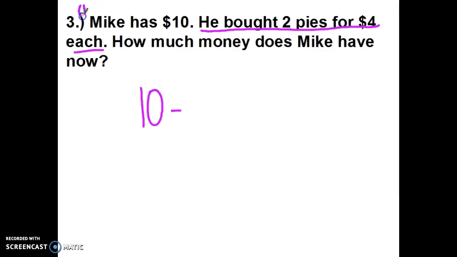So this is the first part right here. Mike has $10. I need to start with that part. And he bought 2 pies for $4 each. Well, 2 pies for $4 each. That sounds a lot like 2 times 4, doesn't it? Okay. And that's going to equal a certain amount of money left. Okay.